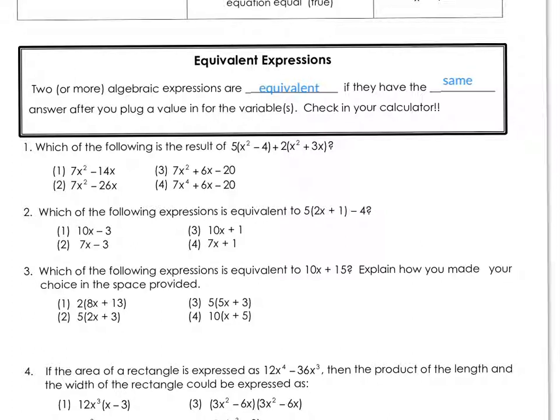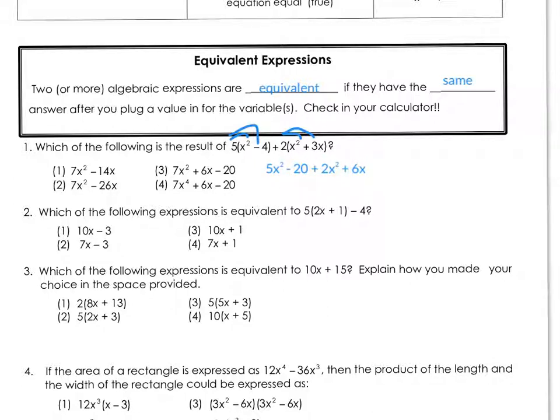But remember that our calculator can do that by putting it in y equals, where we can just put this entire thing in and it'll give us all of the points, the x's and y's, the inputs and outputs, to see if they are the same. So in this first example here, I could distribute this 5 to both things inside the parentheses and the 2 to both things inside the parentheses. So then we would get 5x squared minus 20 plus 2x squared plus 6x.